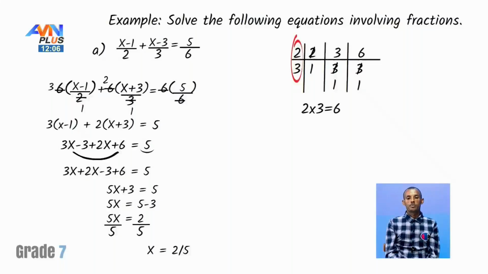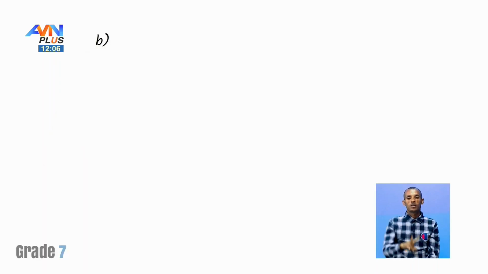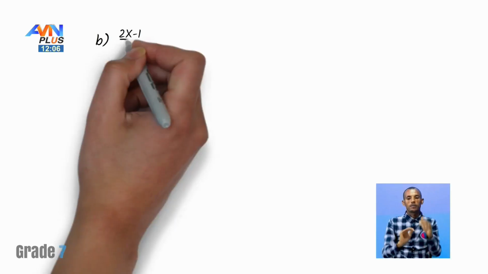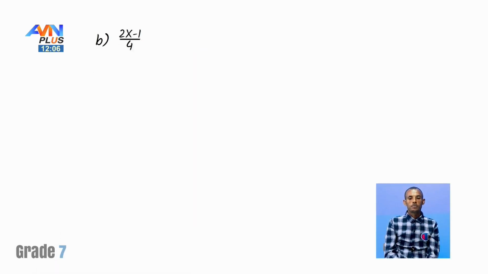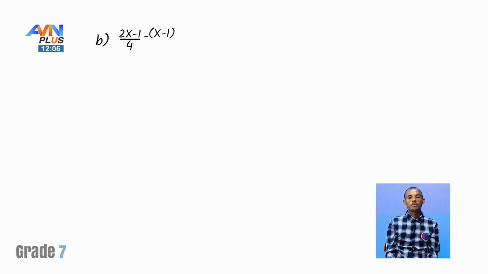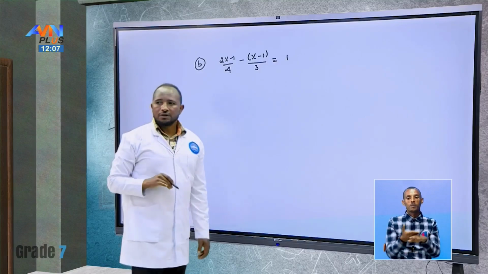B, please try to solve this one. 2x minus 1 over 4 minus x minus 1 over 3 is equal to 1. Please, students, try this question.